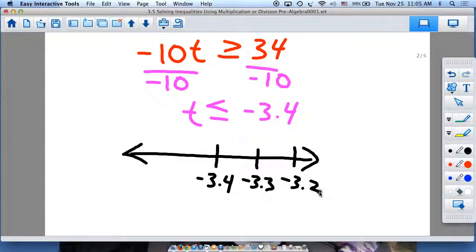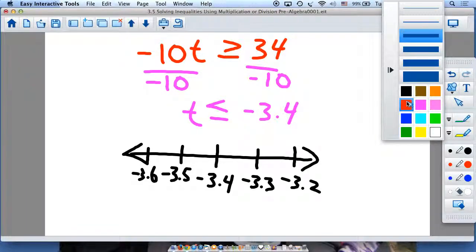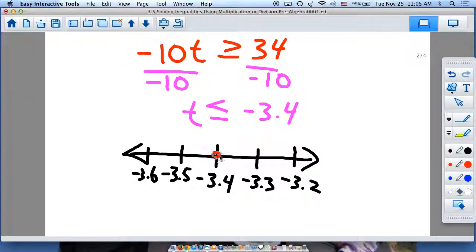The next smaller tenth would be -3 5/10, and then -3 6/10. Now, when I graph it, my symbol is less than or equal to, so -3 4/10 can be part of the solution.